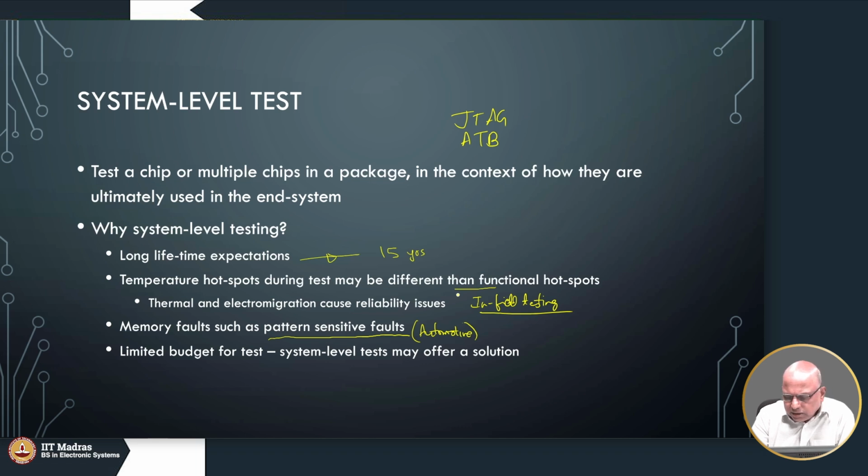In reality, these things don't occur. So let us stick to simple ones like coupling faults, transition faults, etc. But given that we are beginning to use automotives and functional safety is important, there is an increased awareness of pattern sensitive faults. So these seem to be coming back.